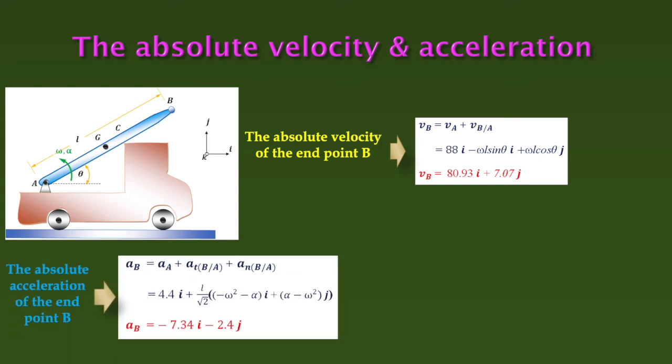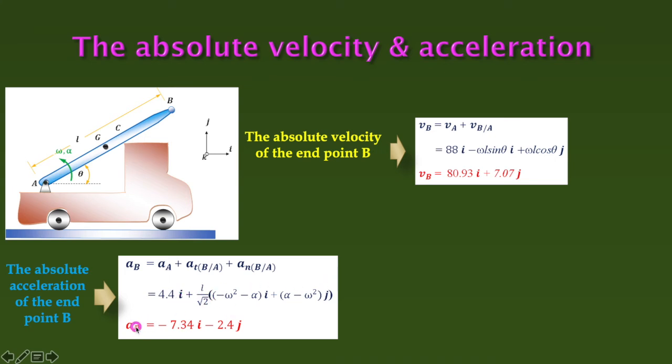Now the absolute acceleration of B. Similarly, AB is AA plus the relative acceleration of B with respect to A, and that relative acceleration has two components, tangential and normal. AA is given data, it is given as 4.4i. The tangential component and normal component we have already calculated on the last page.